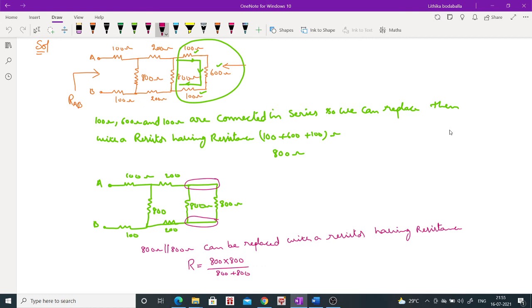That is 800 multiplied by 800 divided by 1600.